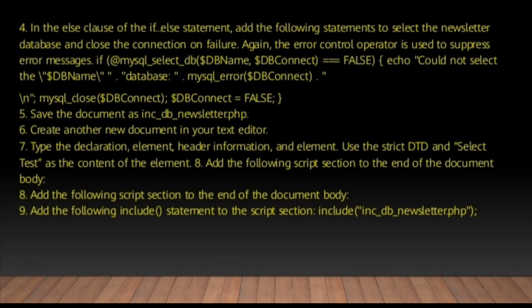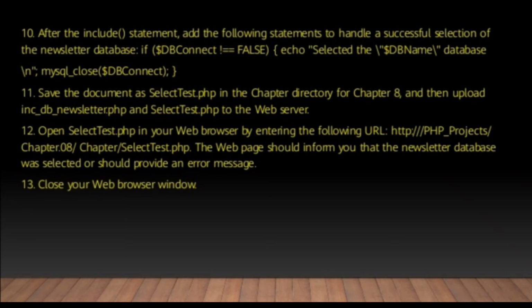Next, add the following script section to the end of the document body and add the following include statement to the script section. Then after the include statement, add the following statement to handle a successful selection of the newsletter database.